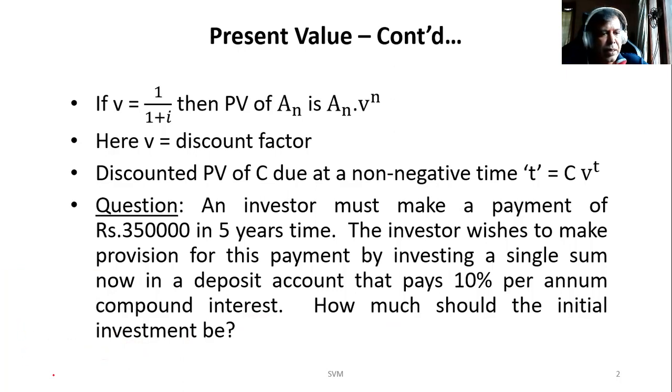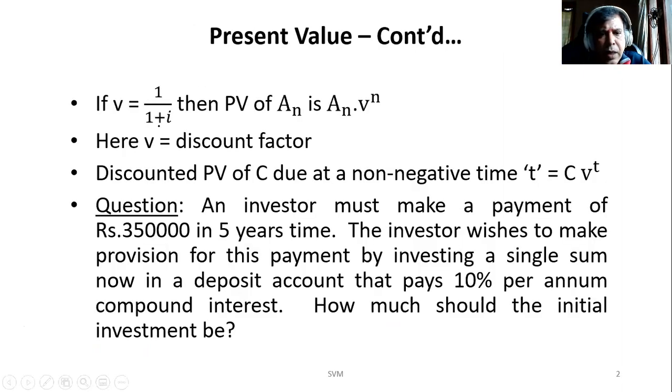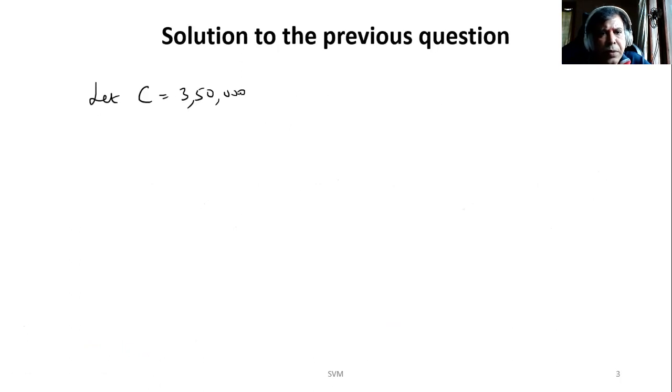So let me choose. What is given? Whatever I am planning to pay in the near future, that is in 5 years' time, is given as 3,50,000. So let our capital C be 3,50,000, given in 5 years of time. So our period is given as 5.